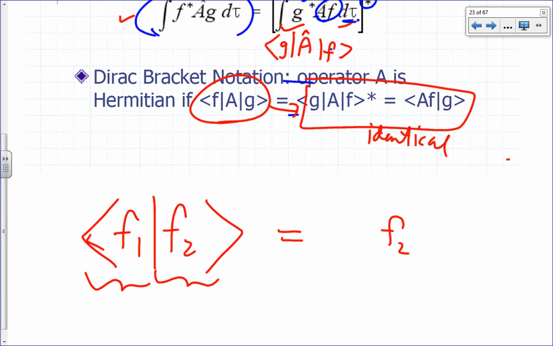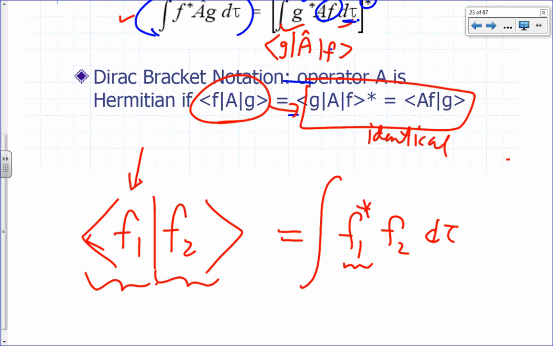And then bra F1, since F1 is in the bra, is the complex conjugate, F1 star, and you're operating that on ket F2. So whatever the complex conjugate is of the function inside the bra, multiply it with the function that you're operating on, and then integrate over all space, so integral d tau. So that's what that expression means.